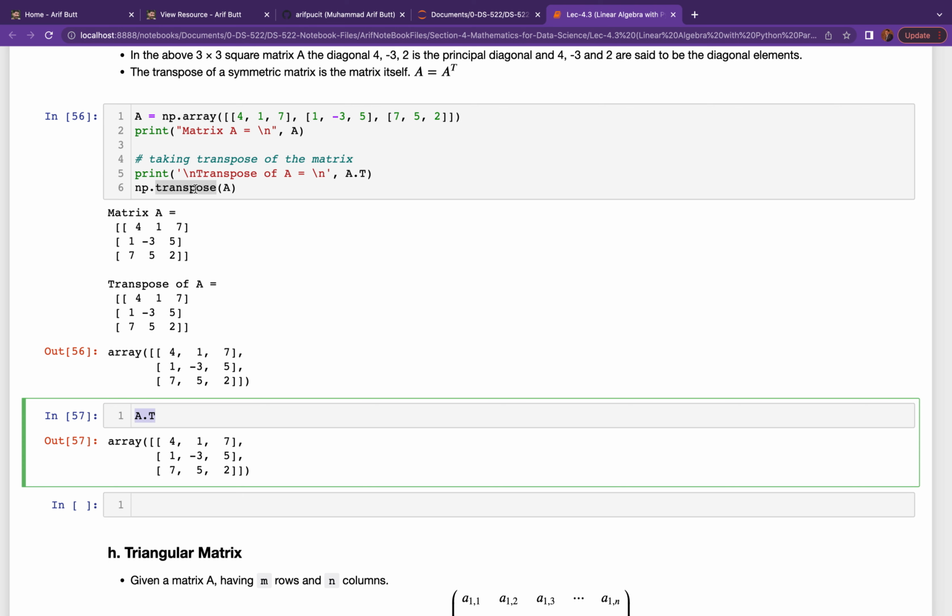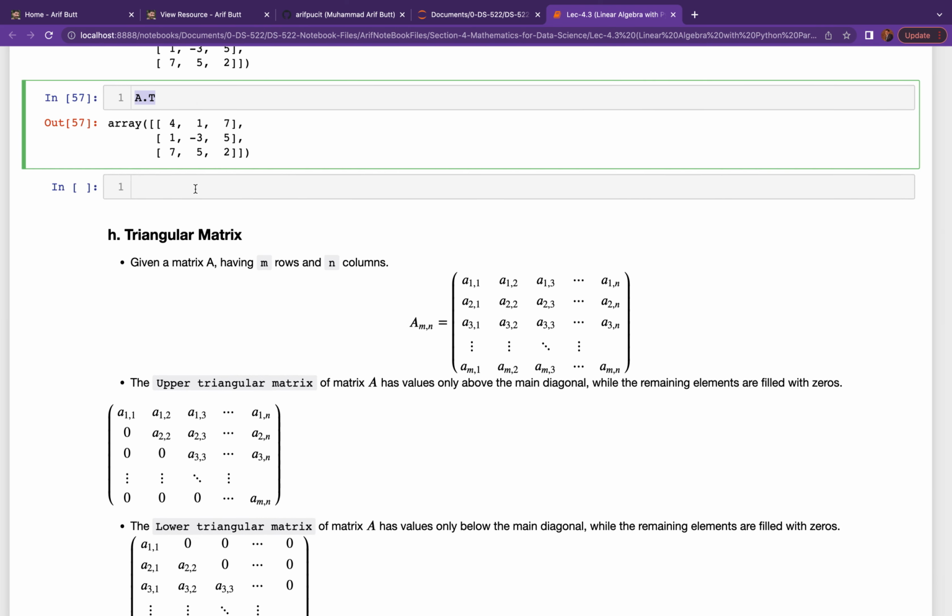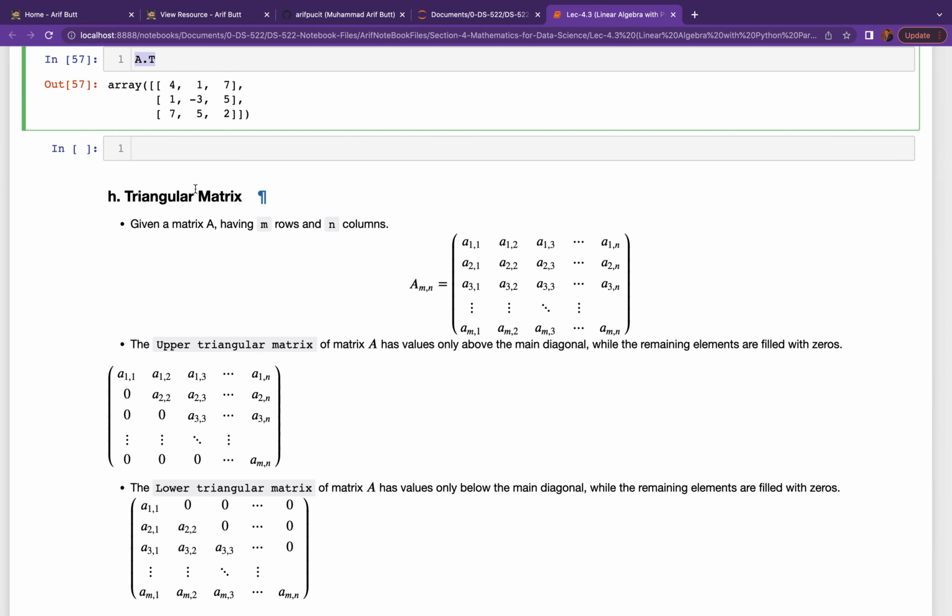Okay, so after the symmetric matrix, let me talk about the triangular matrix as well. Given a matrix A having m rows and n columns, the upper triangular matrix of A has values only above the main diagonal, while the remaining elements are all 0.